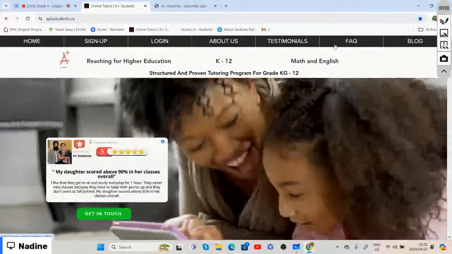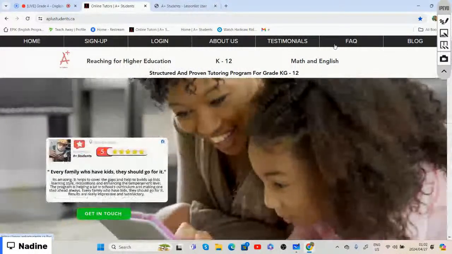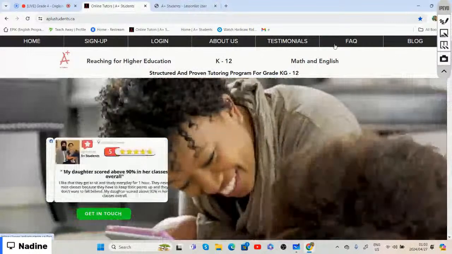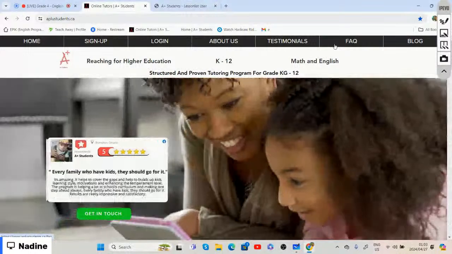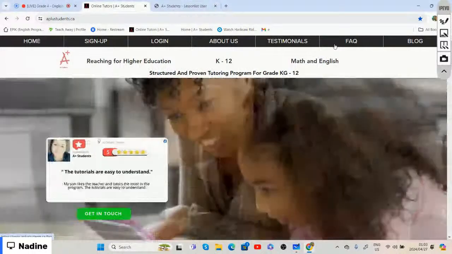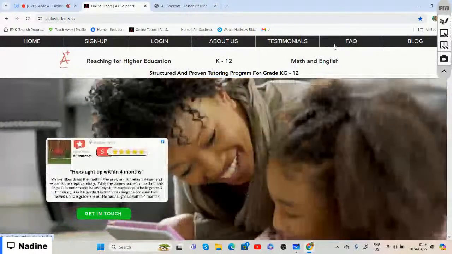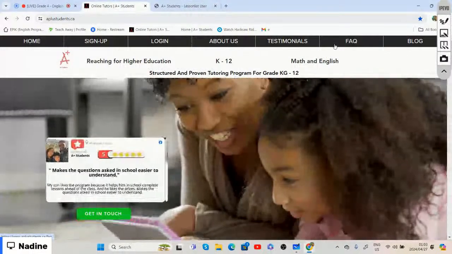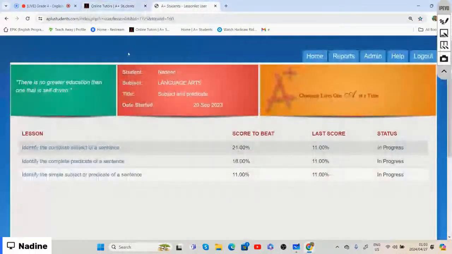Once you've logged on to aplusstudents.ca with our username as well as our password, and then we're going to select the subject of language arts, grade 4, and then we're going to scroll down up until we get to the chapter of subject and predicate.